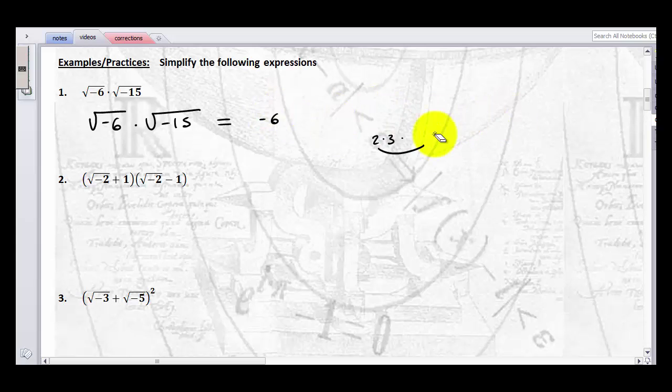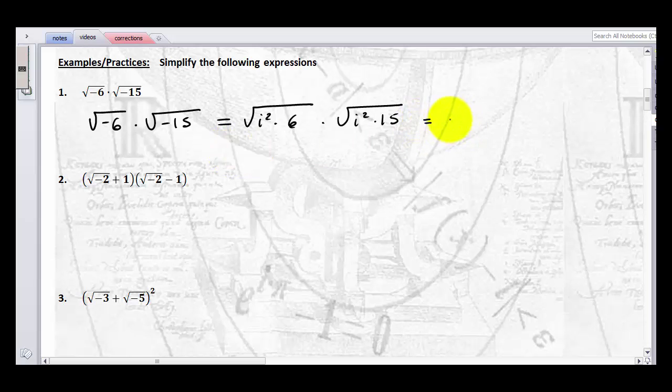So how do we do it? Well, negative 6 is the same thing as i squared times 6, and negative 15 is the same thing as i squared times 15, because i squared equals negative 1. Now, the square root of i squared is just i.